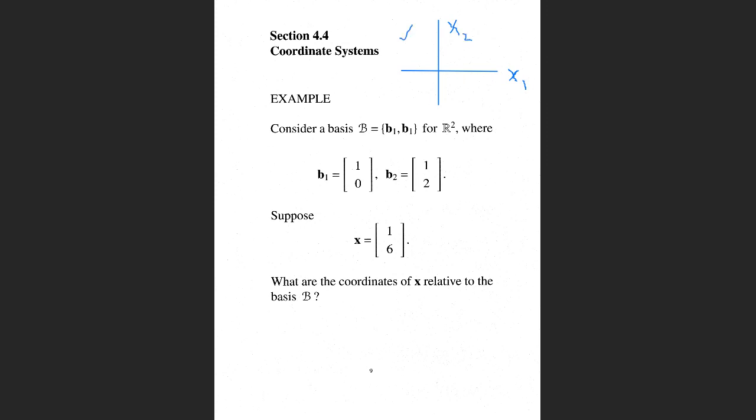This is what you're used to. And of course, in 3 dimensions, it would be the x, y, and z axis.